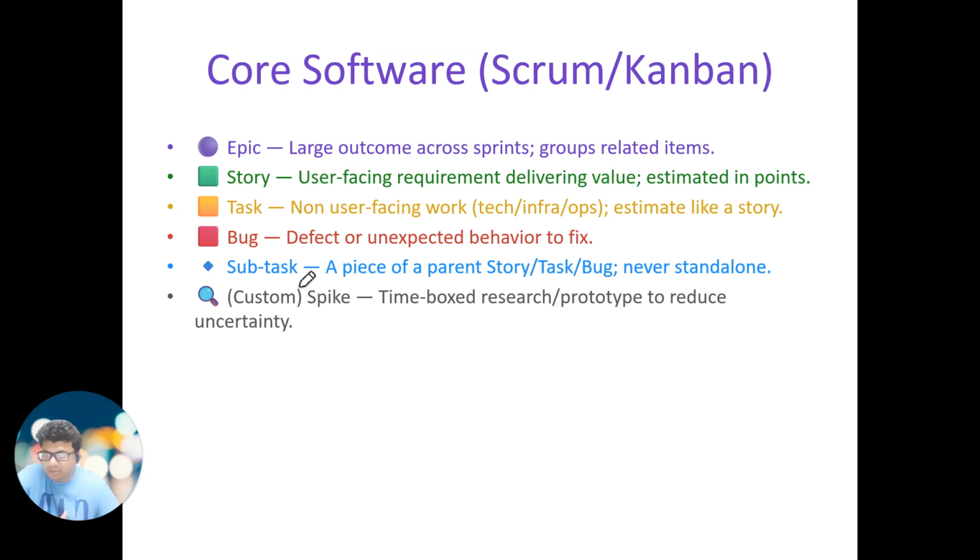So as a team, we discuss the time required to do R&D, so that the research, prototype, or unknown is clear. And on the outcome of a spike, we create the story. So usually these are the, I will say, 5, 6 issue types which are used if your project is running on Scrum or Kanban.